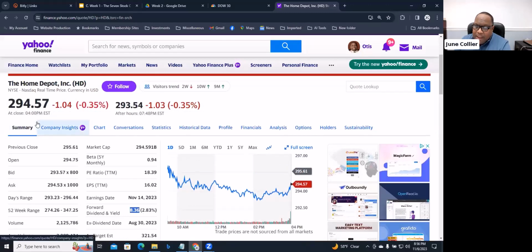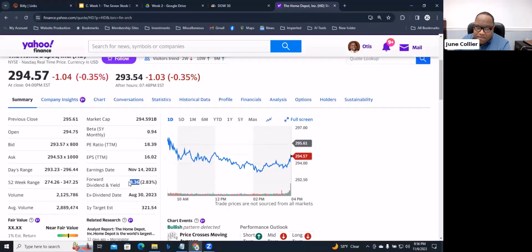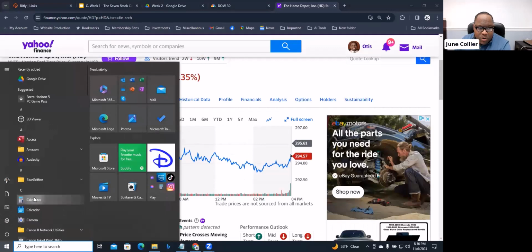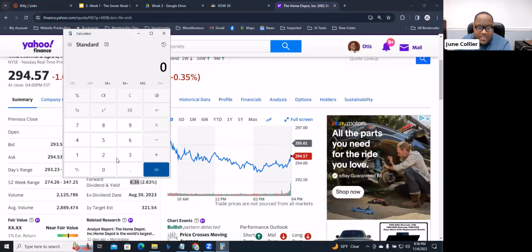Okay. So Home Depot pays out on a quarterly basis. So what that means is every quarter, once a quarter, when Home Depot pays its dividends, 836 divided by 4, you're going to get $2.09 every time Home Depot pays out dividends.